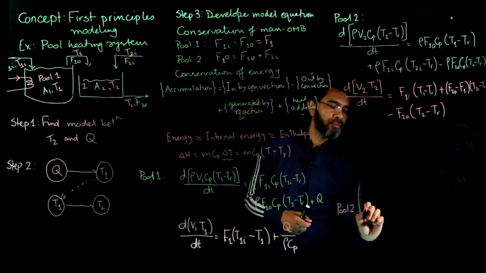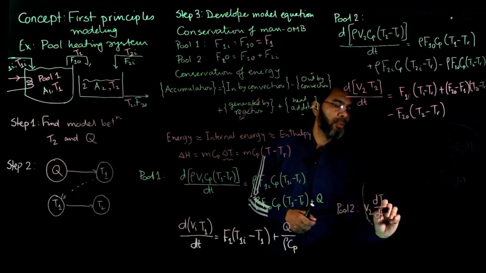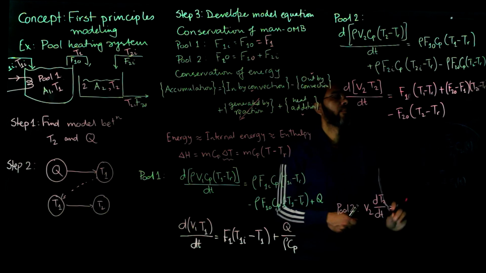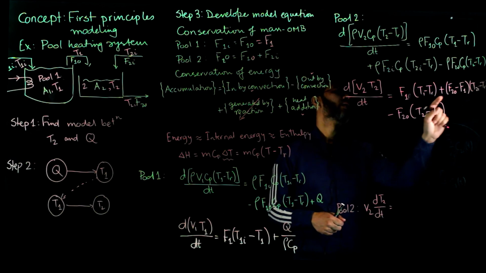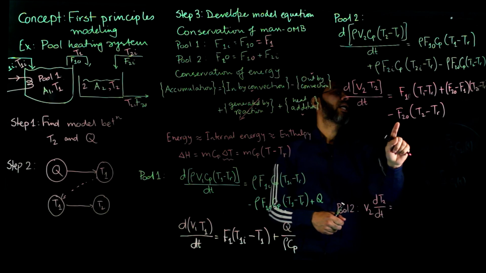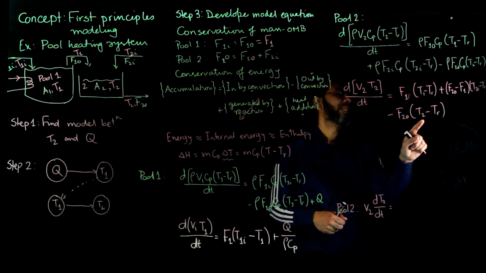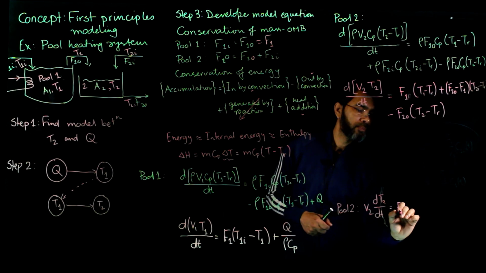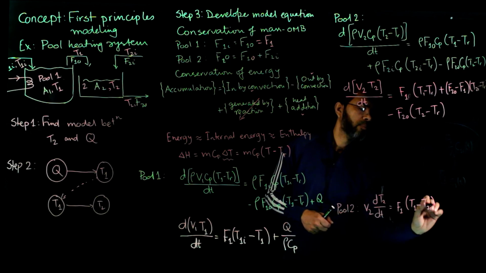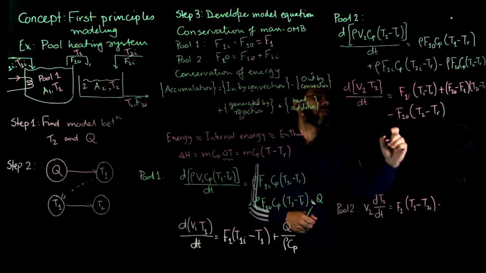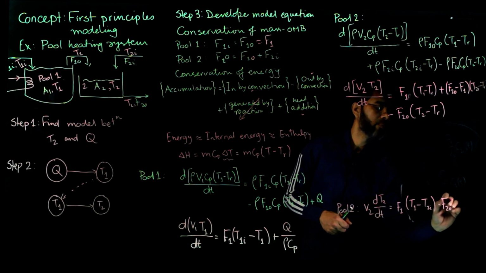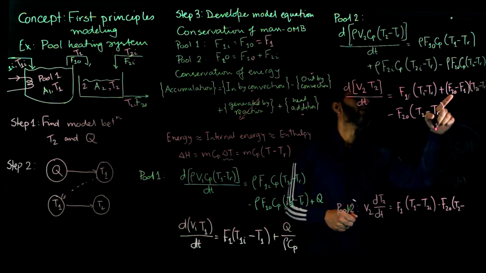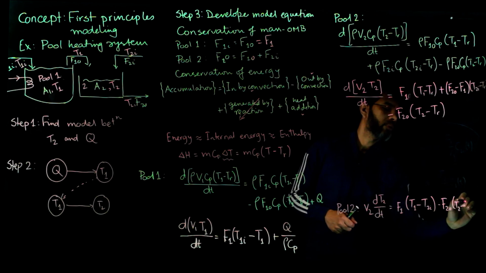So we'll have for pool 2 a simplified equation: V2 dT2/dt will be, we have F1 T1, F2i T2i, and F2o T2, and F1 T2i. So we have this term F2i, F2o, T2 minus this term T2i.